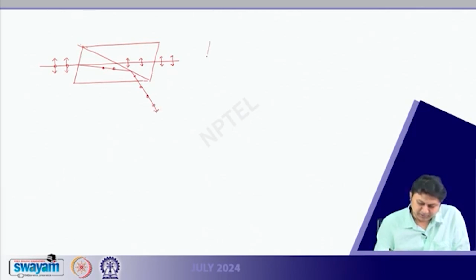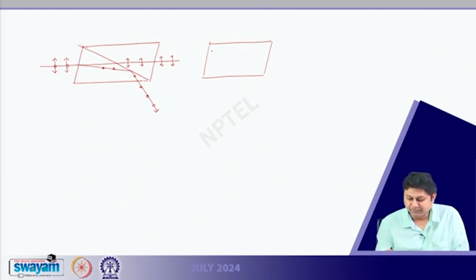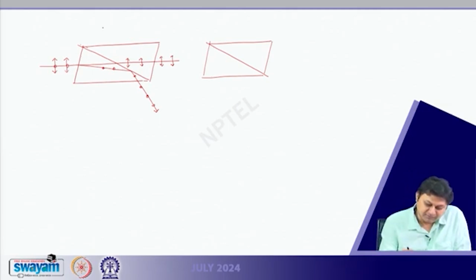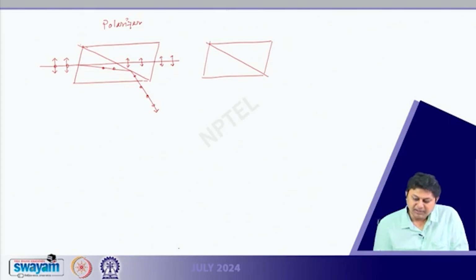Now, if I place a nickel prism again, so this behaves like a polarizer, right? So now I place a nickel prism again, and the light will pass through without any issue. This light will pass through. So I can get light here.